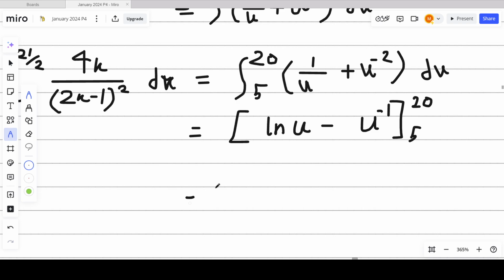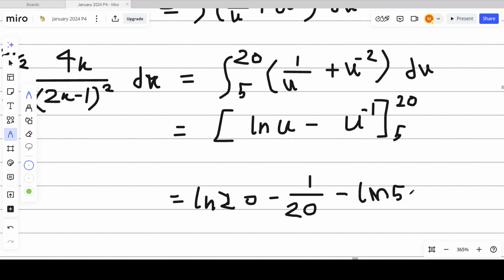Now just put the values, so you'll get ln 20 minus 1 over 20, and then minus ln 5 plus 1 over 5.